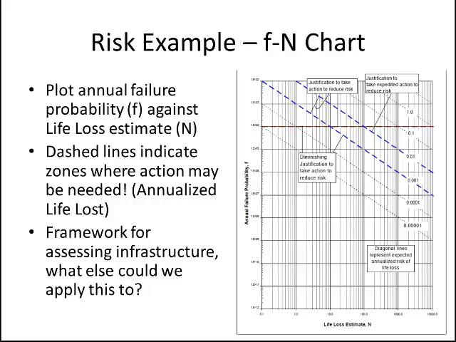And so those blue dash lines begin to indicate these zones where as engineers or managers, project managers, city, municipal engineers, government workers, we need to start thinking, hey, there's some risk to life here we need to consider, right?